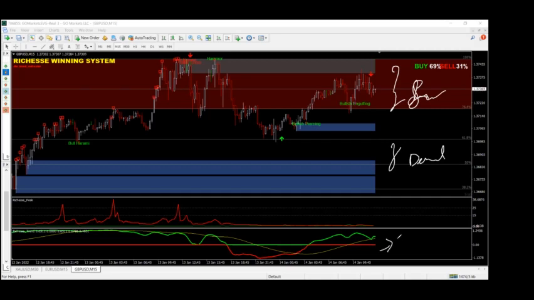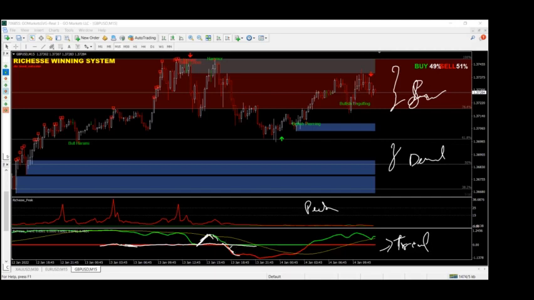This is your trend indicator, and this shows the peak. Now in this trend area, this is the middle line. When this line is above this midline, it is in the buy zone, and when it is below this, it's in the sell zone.